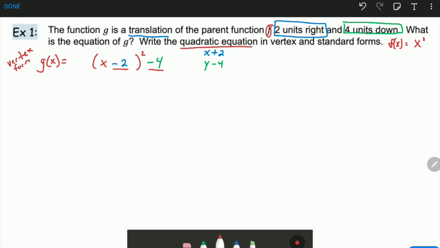Now we're supposed to write it in standard form, which means we just have to simplify this equation. Since we are squaring x minus 2, we write it out twice here. And then distribute. There is a formula to do this a little quicker, but a lot of people tend to forget it, so I'm just doing it this way. So just distributing out.